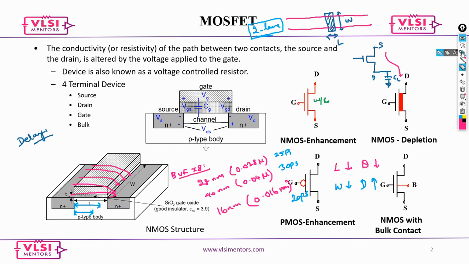Okay, now what is this drive strength? What is the meaning of this X8? Is there any link between length and width and this drive strength? We need more width to drive more fanout.